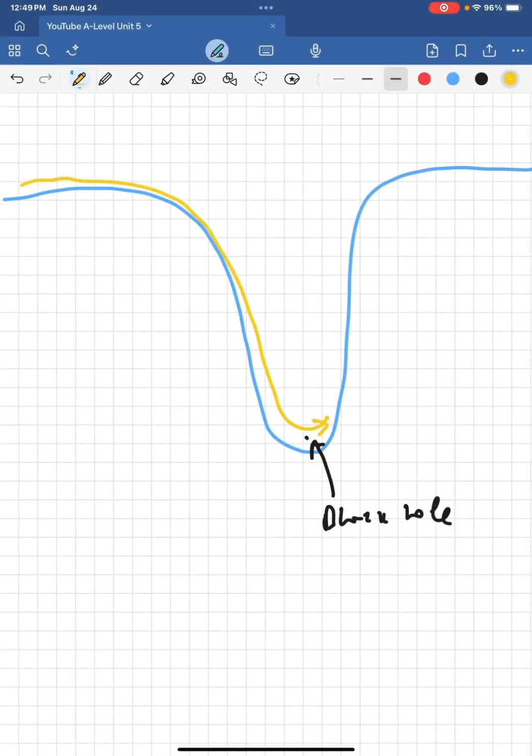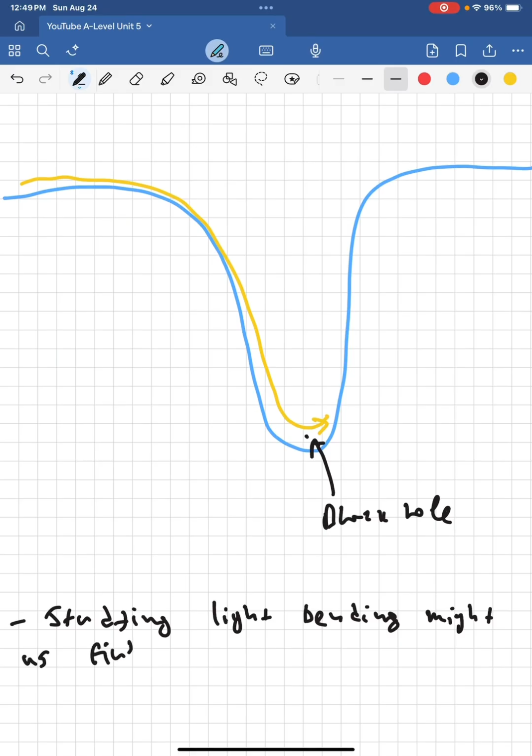Why do we care about that? Okay, why do we care about gravitational lensing? Because studying light bending might help us find dark matter.